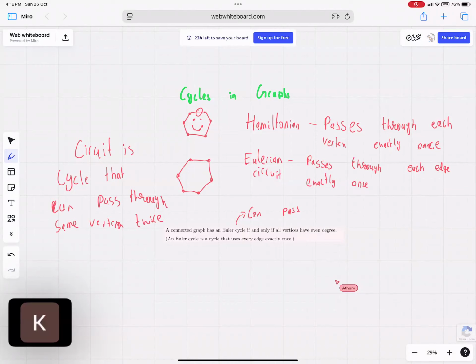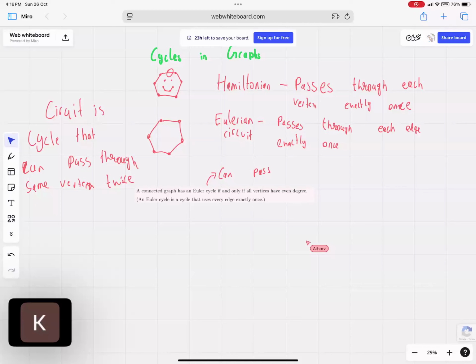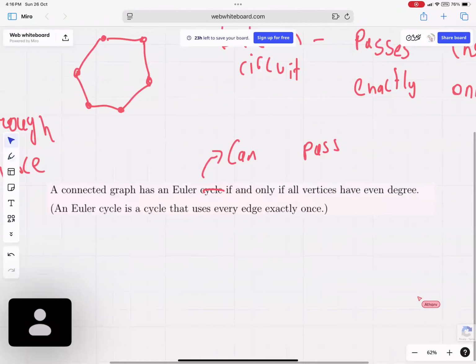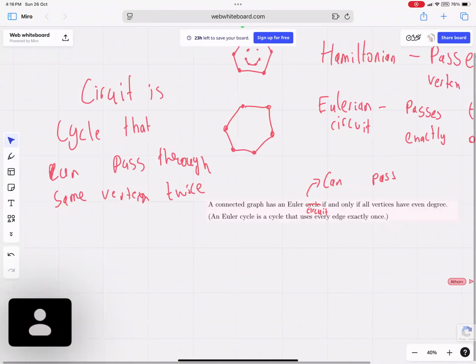But wait, a cycle cannot by definition pass through the same vertex, right? So how can a circuit be a cycle? Like you wrote there, circuit is a cycle. It's a circuit, not a cycle. Do you understand what I'm trying to say?